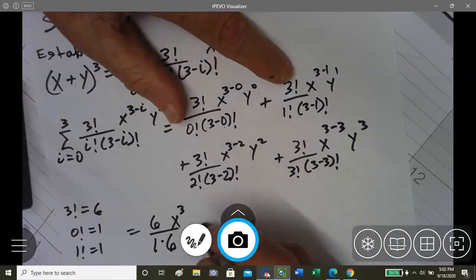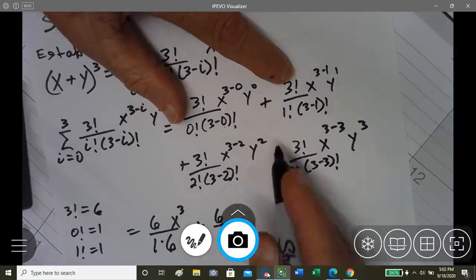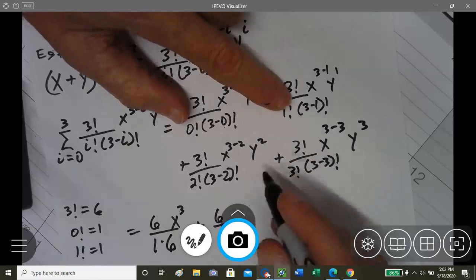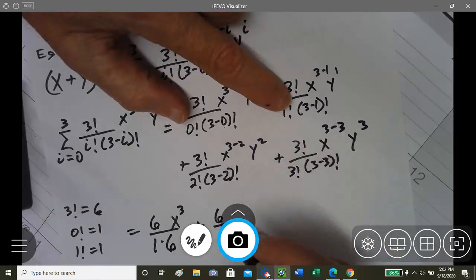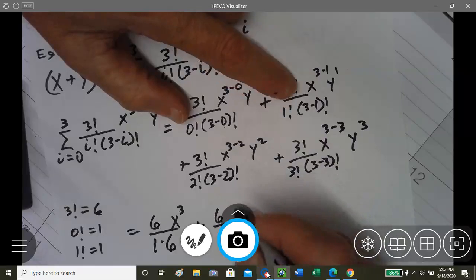Okay, next we go to plus 3 factorial, we said that was 6. 1 factorial, that's 1. 3 minus 1, that's 2 factorial. Well, 2 factorial is 2 times 1, that's 2. x to the 3 minus 1 is x squared.